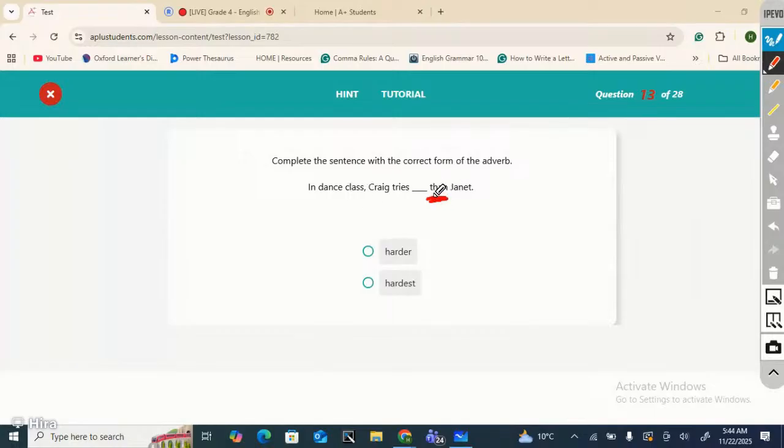I hope this clue helps you to figure out. The word than is used when two actions are compared. So a comparative adverb must be used to show how two actions are done. Out of these two, which one is comparative? The one which ends in er. This is the comparative adverb. It shows how two actions are done. In dance class, Craig tries harder than Janet.